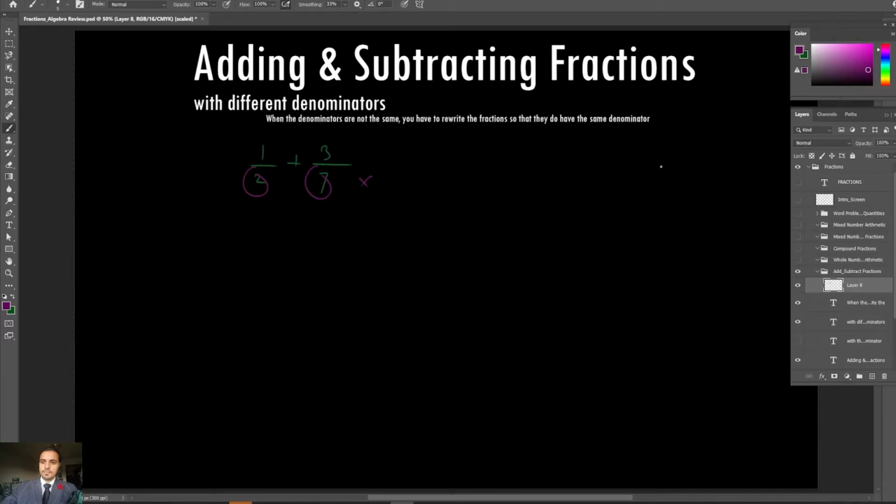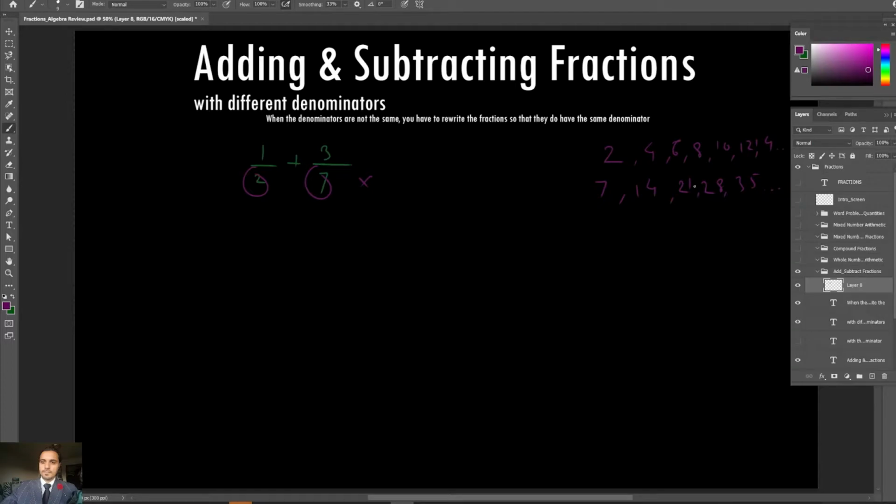If I start listing out the multiples of 2: 2 times 1 is 2, 2 times 2 is 4, 2 times 3 is 6, 2 times 4 is 8, 2 times 5 is 10, 2 times 6 is 12, 2 times 7 is 14, and on. This is the table of 2. What about 7? 7 times 1 is 7, 7 times 2 is 14, 7 times 3 is 21, 7 times 4 is 28, 7 times 5 is 35, and on.